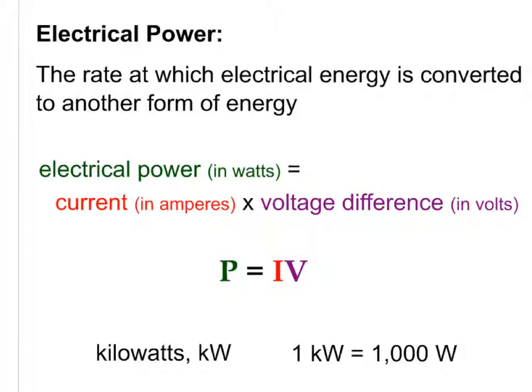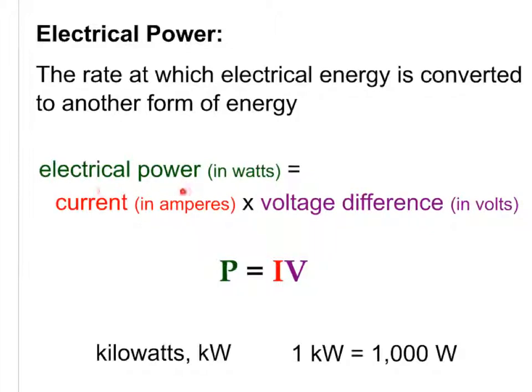So that brings us to the idea of electrical power, which we hear a lot about. What is electrical power? It is the rate at which electrical energy is converted to another form of energy. So remember, power has to do with energy per time. As we learned before, power equals energy per time.